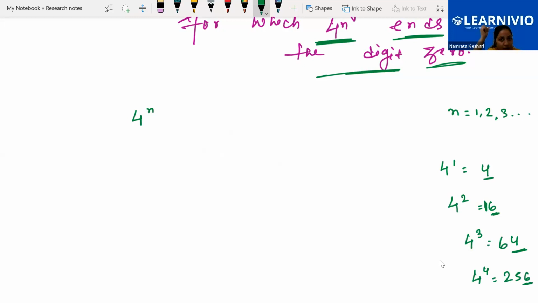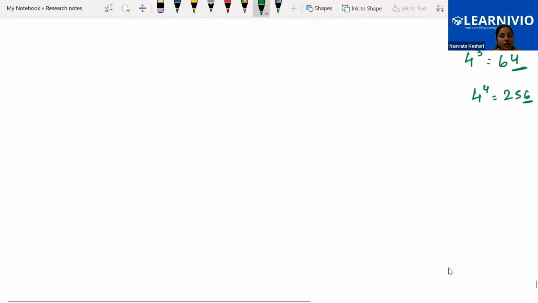Similarly, what is that n value when we take 4 to the power n that our result ends with digit 0? What is that power of 4?